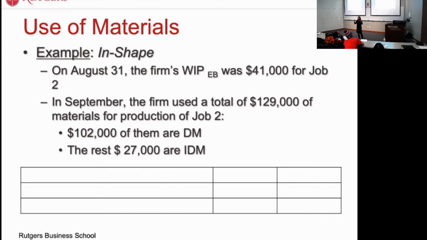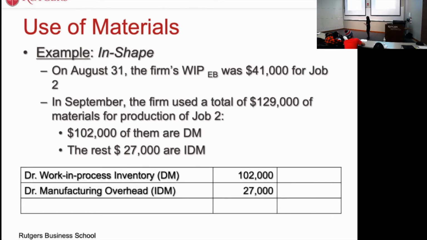Right, so first we have this credit of raw material inventory because we use the raw materials in a total amount of 129,000. And among this amount, we have direct material, which will be going into the working process directly.